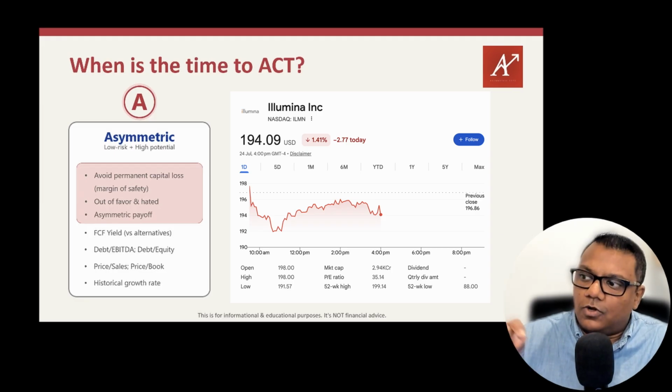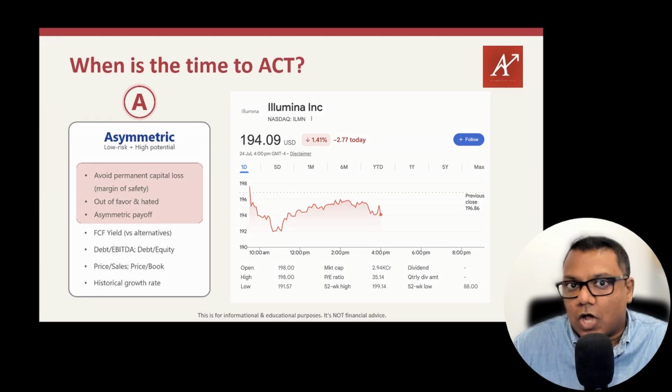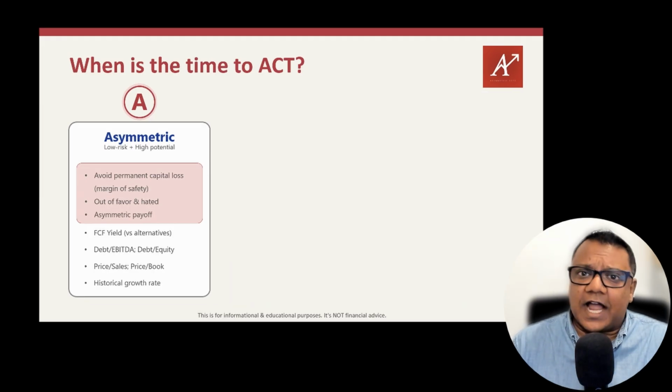So I could double click and look at that free cash flow and draw comfort that at 6% yield, they're trading at higher than the alternatives available to me. And once they spin off this loss making company, focus on their business again, they are a leader in this space. They can actually come back, and the stock can be an asymmetric payoff. So those are the kind of things that I'm looking at.